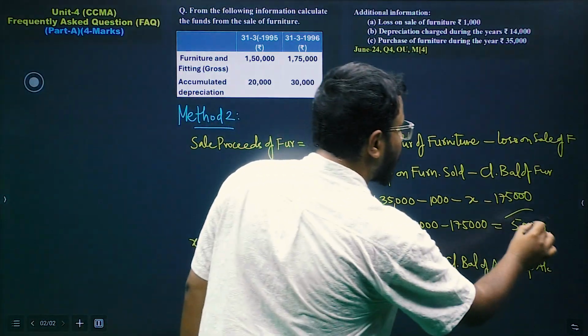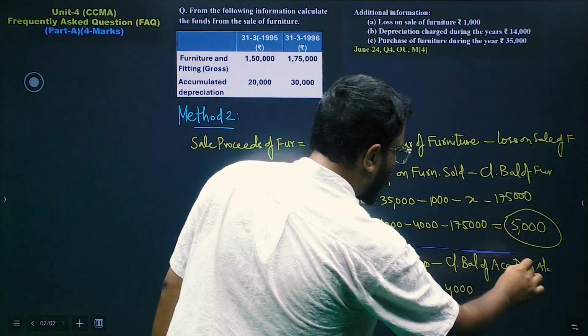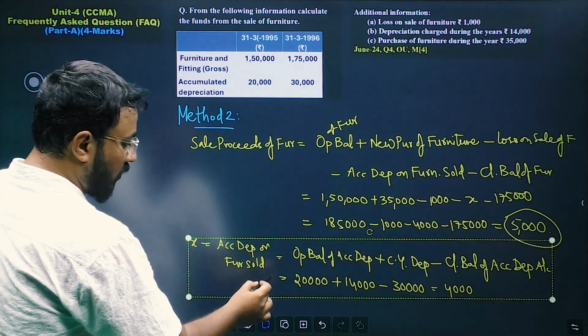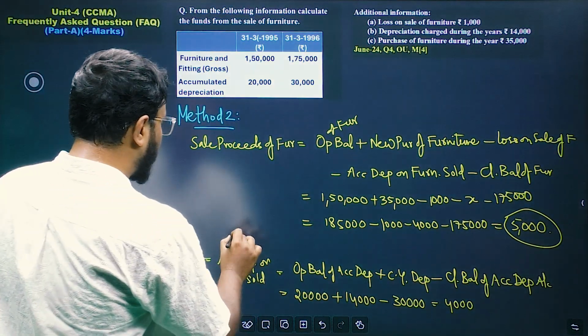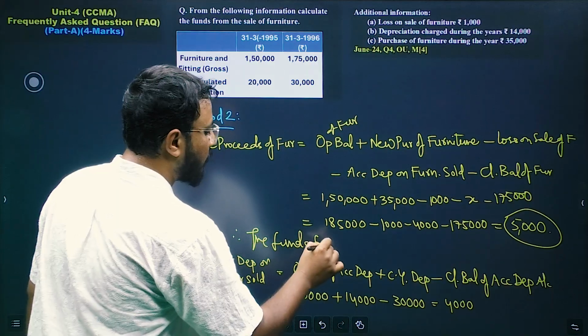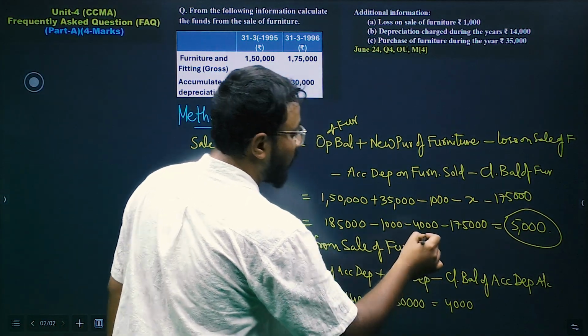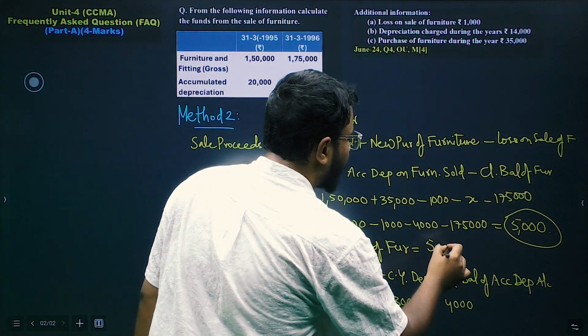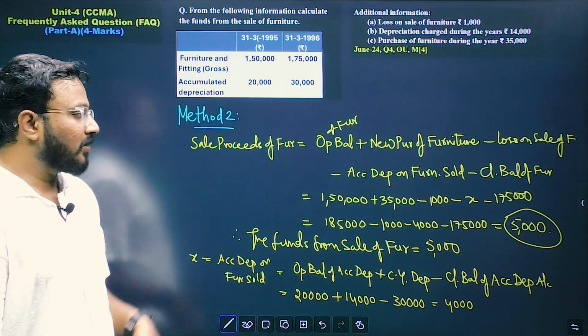Okay, 5,000. ఇక్కడ రాసేద్దాం. Okay, let me take this a little bit down. కొంచెం కిందకి రాసేసి మనం వర్కింగ్ నోట్ లాగా దీన్ని చూపించేసి we will write the answer. Therefore, the funds from sale of furniture is how much? 5,000. Right? That is the answer.